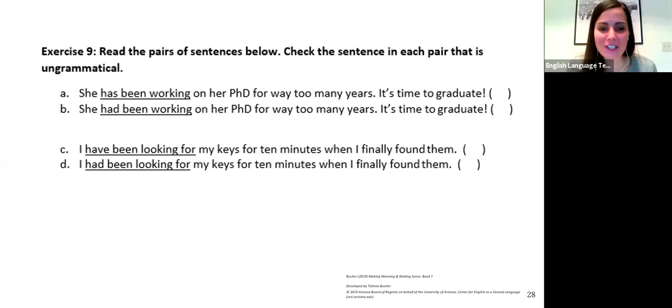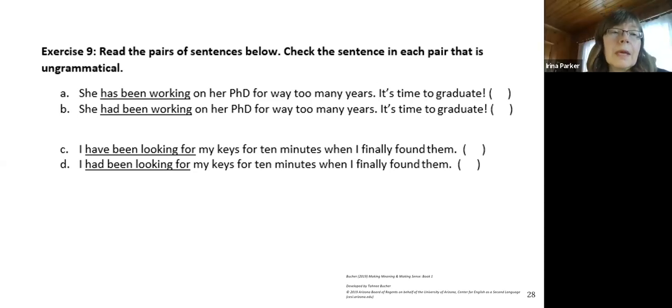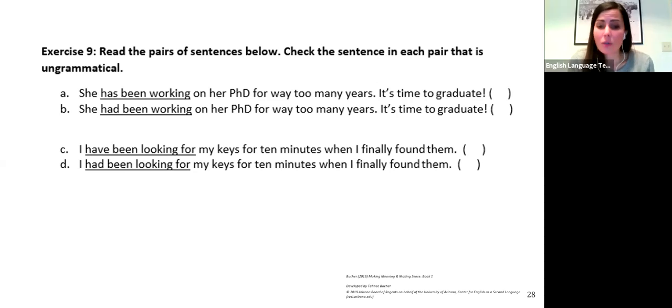So which B is ungrammatical, uh-huh, and in between C and D, C is ungrammatical. So what do you think of this type of task? What is it asking students to do here?